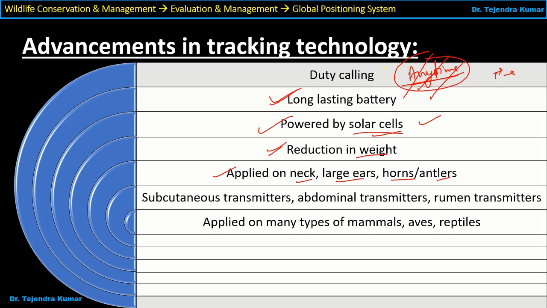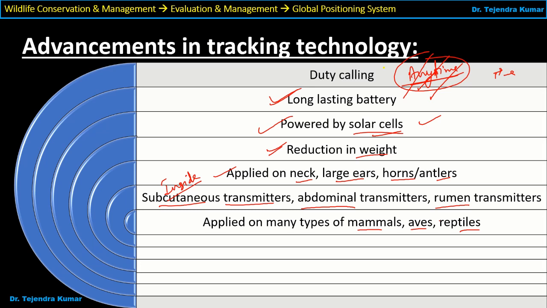Subcutaneous transmitters, inside of the body, can also be placed, like subcutaneous means beneath the skin. Beneath the skin, these transmitters can be placed. The abdominal part can also be used. In the rumen, these can also be placed. They are applied on many types of mammals, owls, reptiles. Nowadays these types of advanced GPS are made, which can be placed on different types of mammals.